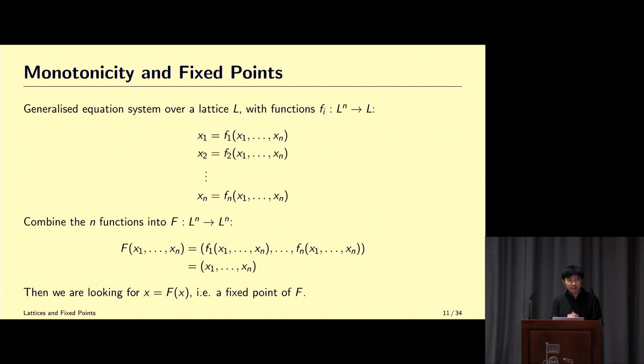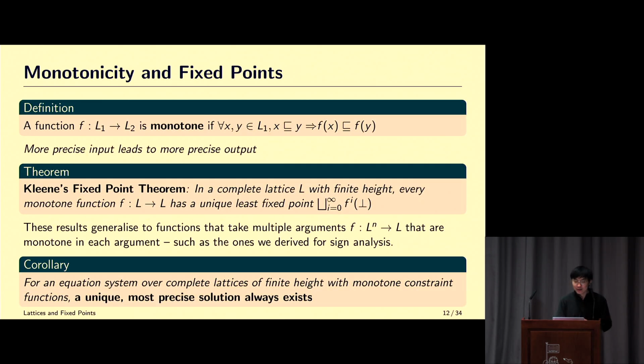And the nice thing about fixed points, as you may remember, is that there is always a unique and most precise solution, because in a complete lattice, as long as your function is monotone, there is a unique least fixed point. In this case, our function is monotone because the more we know about the signs in this program at one point, the more we know at the next point.